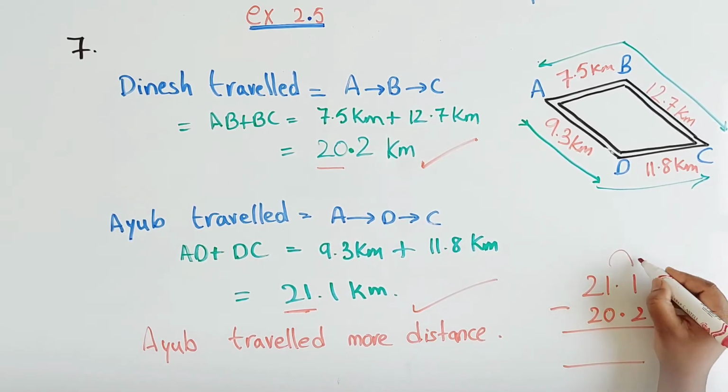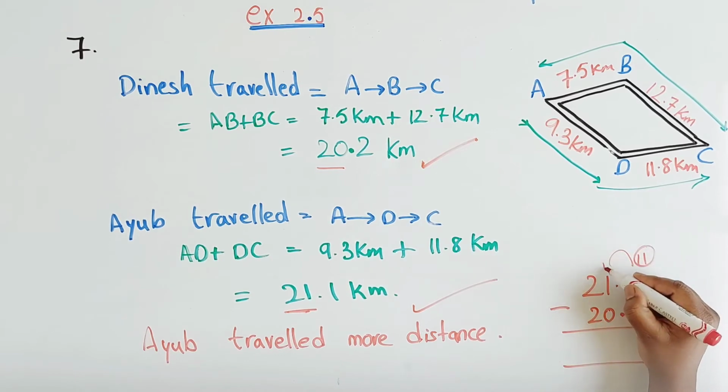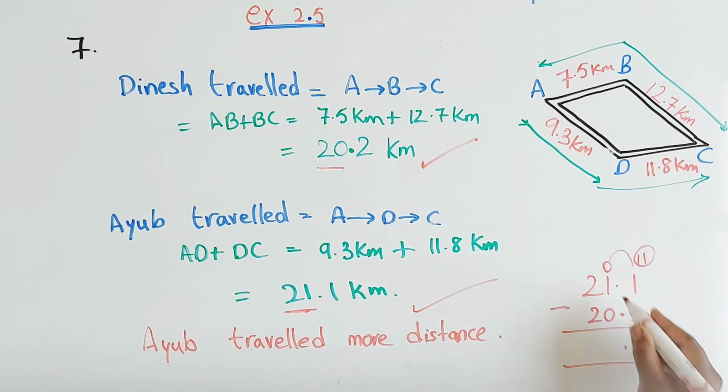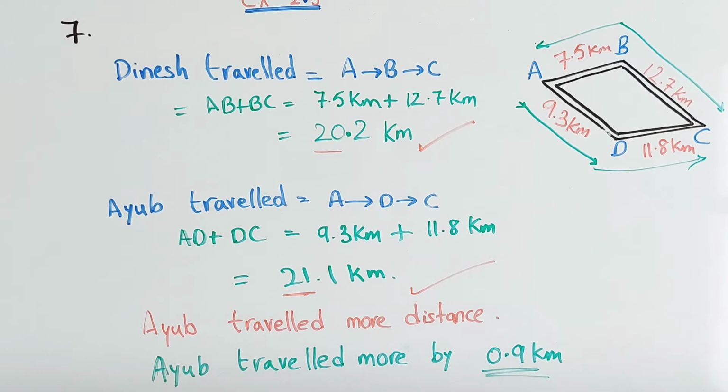That means it will be 11 now and it is 0. 11 minus 2 is 9. 0 minus 0 is 0. 2 minus 2 is 0. We can write this as 0.9. That means Ayub travelled more distance by 0.9 kilometers, children.